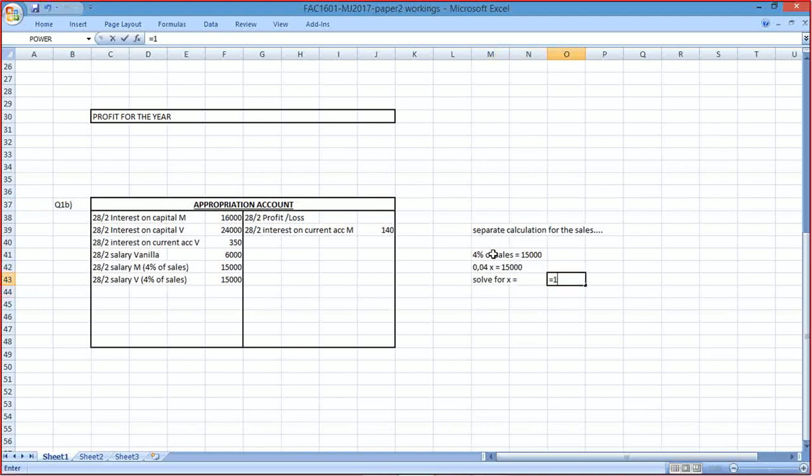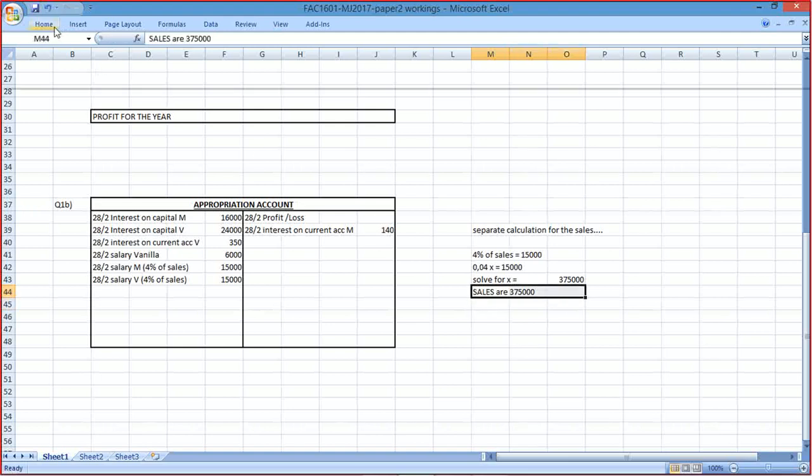Solve for X. If I solve for X, I have 15,000 divided by 0.04, which gives me 375,000. Do I know what the sales is? Yes, sales are 375,000. Okay, because the question said 4% of sales is your salary. So if you've got the salary, can you work out the sales? Yes, of course you can.